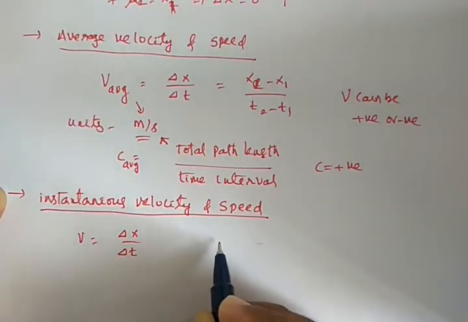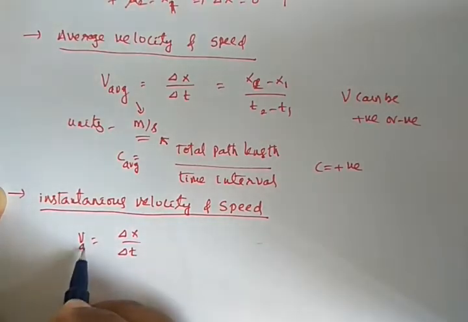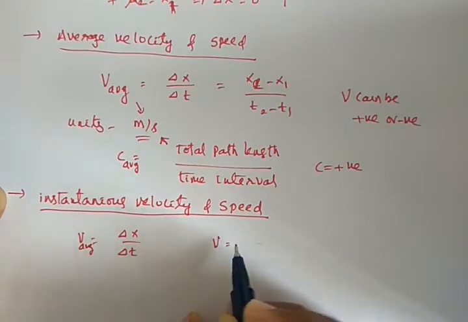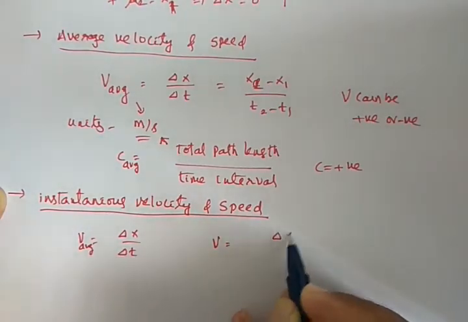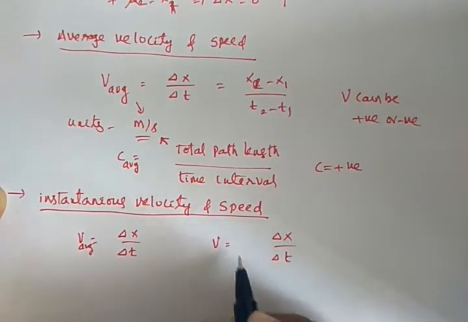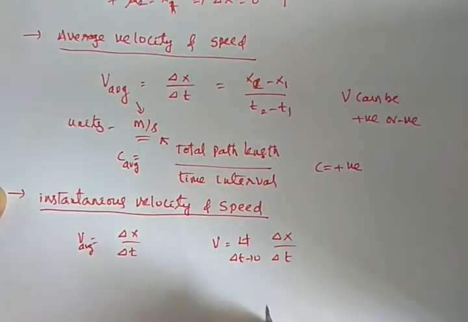So instantaneous velocity is defined as delta x by delta t, but delta t must tend to 0. Whenever delta t tends to 0, the time interval will be very small.